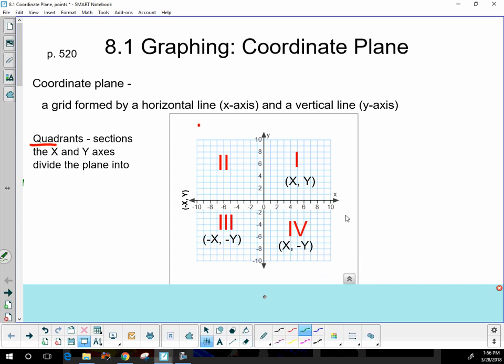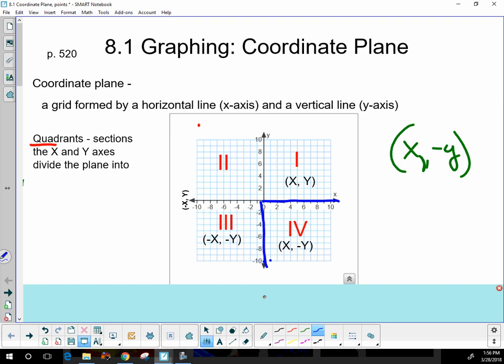Okay? You're going to have questions like that saying, oh, if you have a positive x and a negative y, what quadrant would you find that point in? So you're going to kind of come over here and say, okay, well these are my positive x's, these are my negative y's.